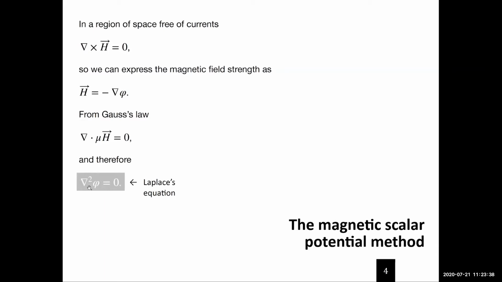If we know the geometry and the required magnetic field, we can solve Laplace's equation to find the magnetic scalar potential, and that can give us the current paths, or the windings, that we need to produce that magnetic field.